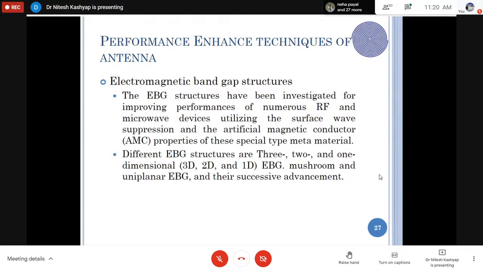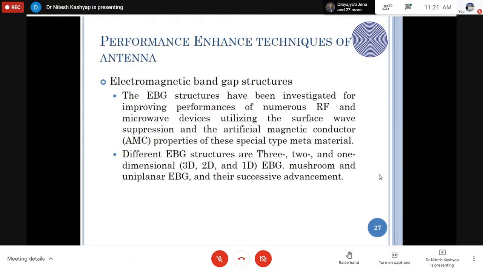So these were the metamaterials, and the second one is electromagnetic band gap structures. EBG structures have been investigated for improving the performance of numerous RF and microwave devices, utilizing surface wave suppression and artificial magnetic conductor properties of these special types of metamaterials.